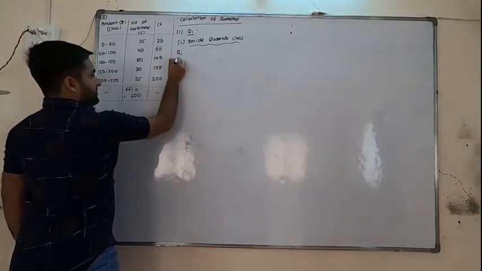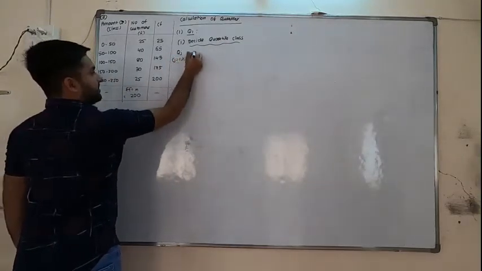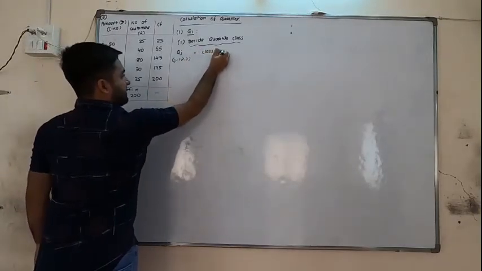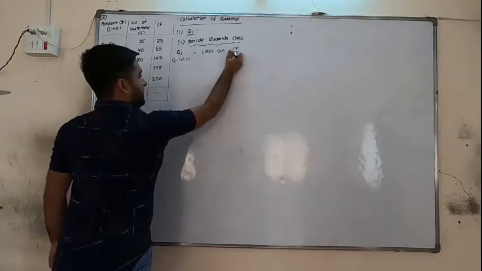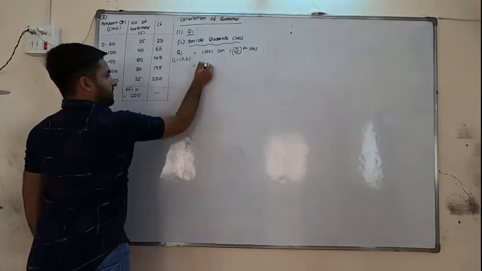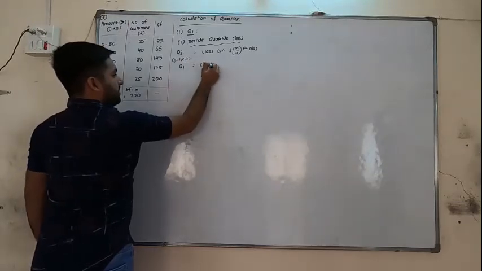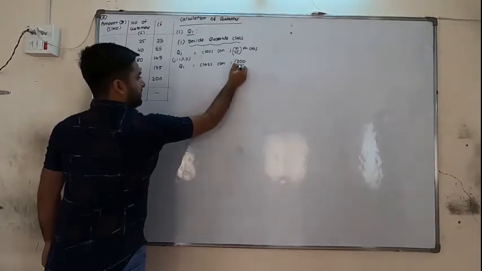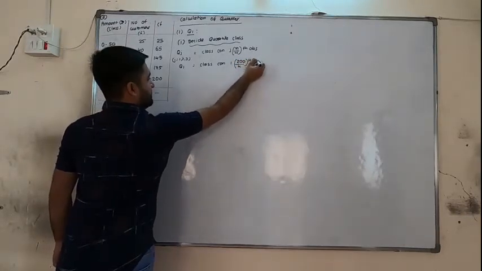Qj, j is equal to 1, 2, 3, is the class containing the j n by 4th observation. We need Q1, the class containing 1 into 200 by 4th observation.